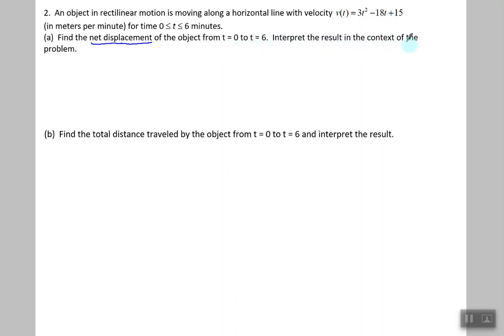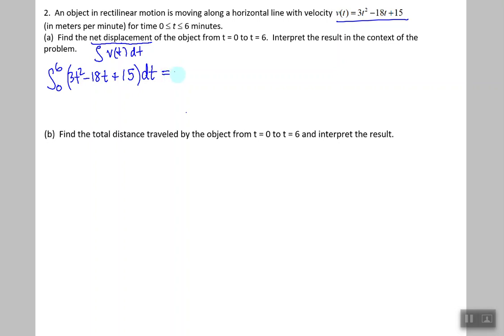Interpret the result in the context of the problem. So first of all, we see net displacement, and we want to think that means the integral of the velocity function. So we're going to set up the integral from 0 to 6 of our velocity function, 3t squared minus 18t plus 15. Integral starts and dt ends.